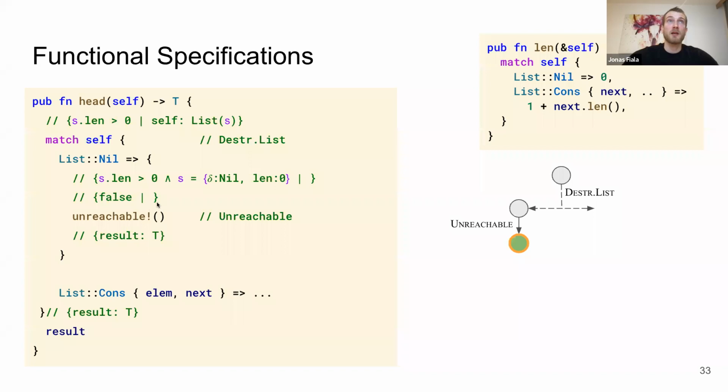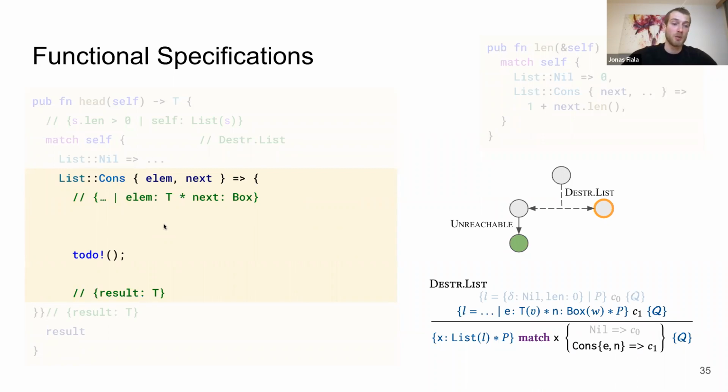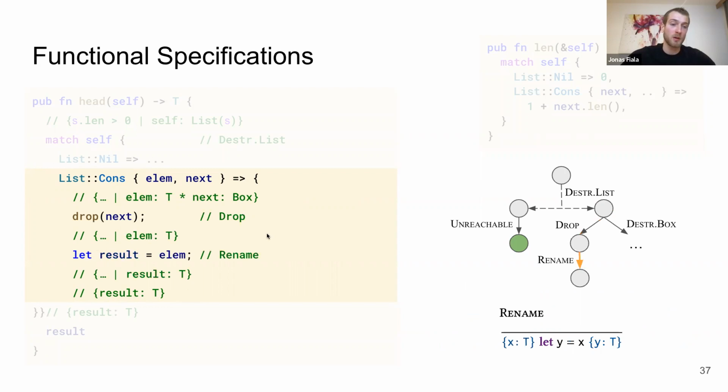On the other side, it's not as interesting. I've got the full values, but we don't really care about them here. We just have the element T and we want the result T. So we just drop the box, as we've seen before. Of course, we could also try to deconstruct the box and see what's inside, but we don't need to do that in this case. So we just drop the box.